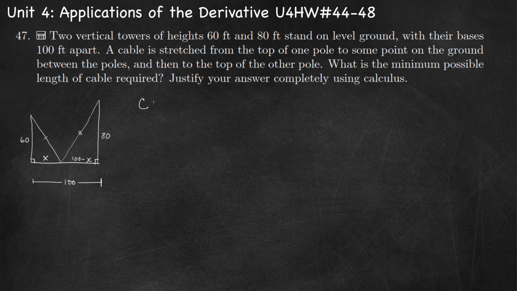So the length of the cable is going to be the square root of 60 squared plus x squared plus the square root of 80 squared plus (100 minus x) squared. So that's the sum of the hypotenuse of each one of the right triangles.